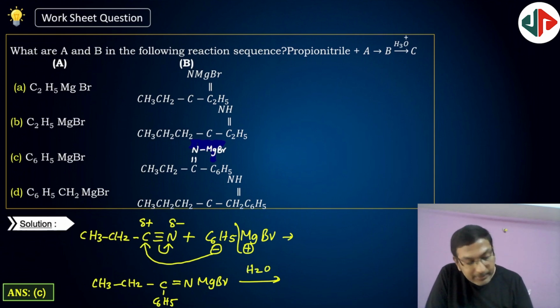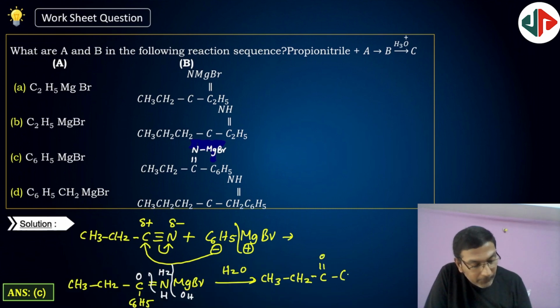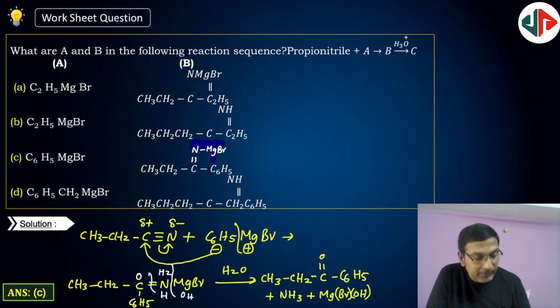Here hydrolysis means remove like this, here O and H2. Again here H and OH. So final compound will be CH3CH2COC6H5 ketone. Plus byproduct is NH3 and Mg, Br and OH. So these are final compounds.